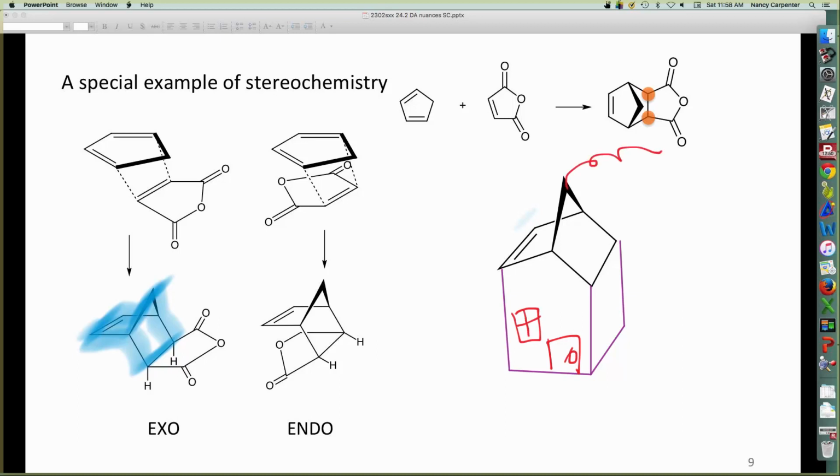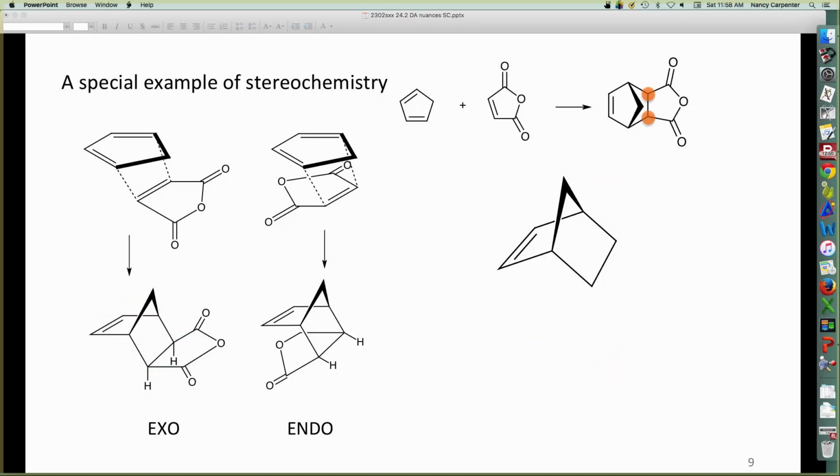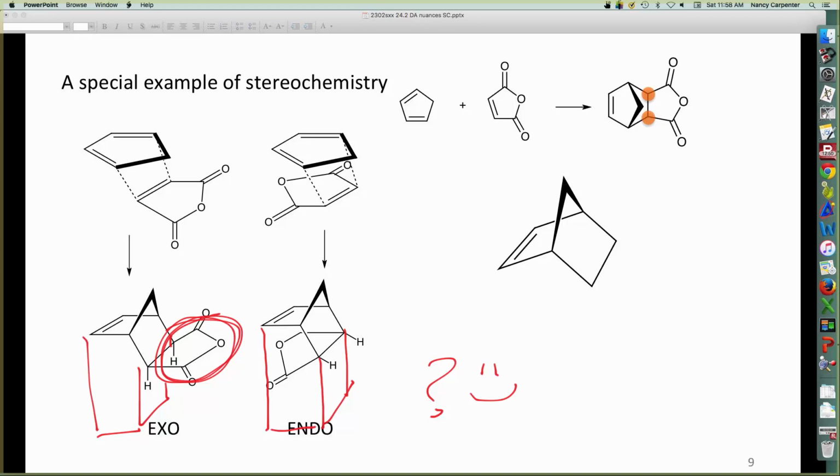So that's a house, maybe. If you think of it that way, then what you can see is this bit is inside the house. See how it's inside the house? Endo, inside. And this one, exo, it's all sitting on the outside. It's kind of like a sunroof off to the side of the house, maybe. Maybe? So that's how you can keep exo and endo straight, right?